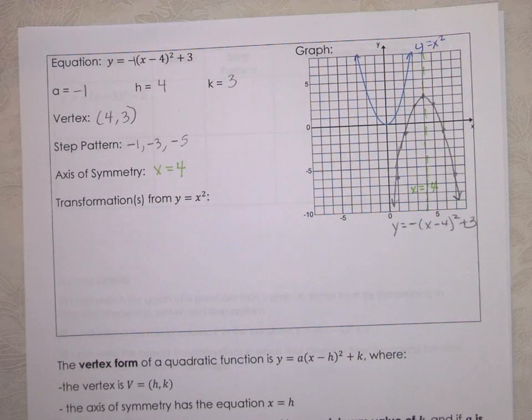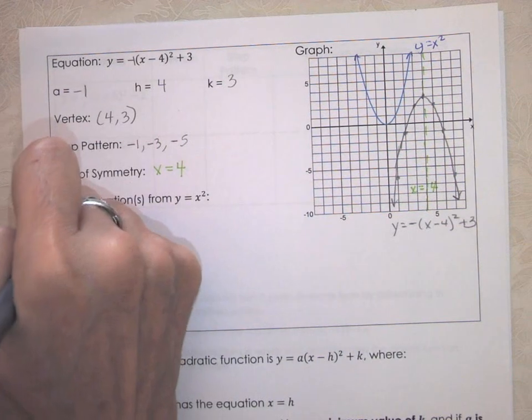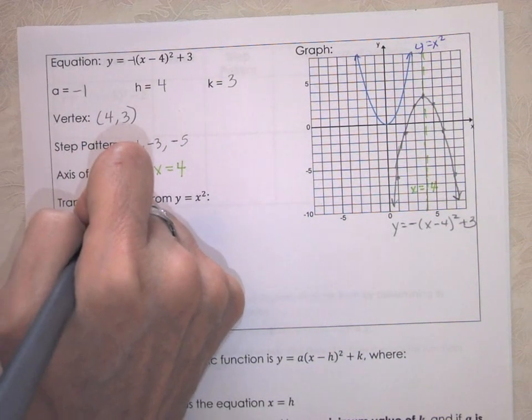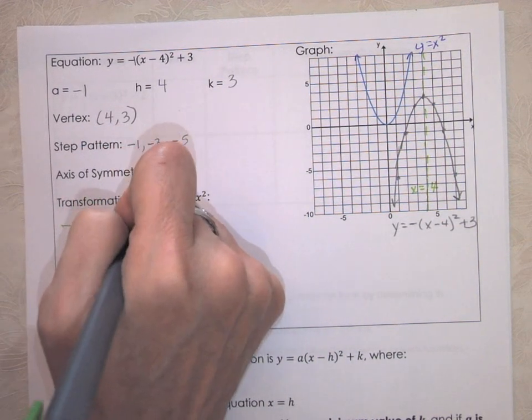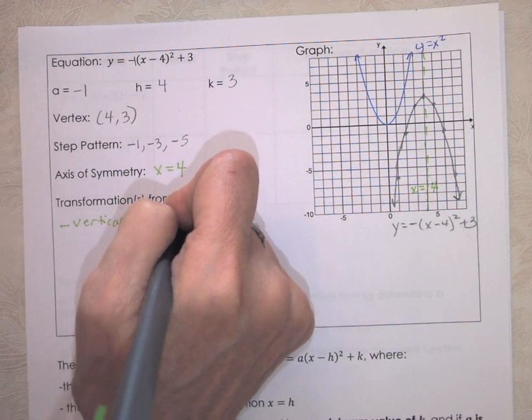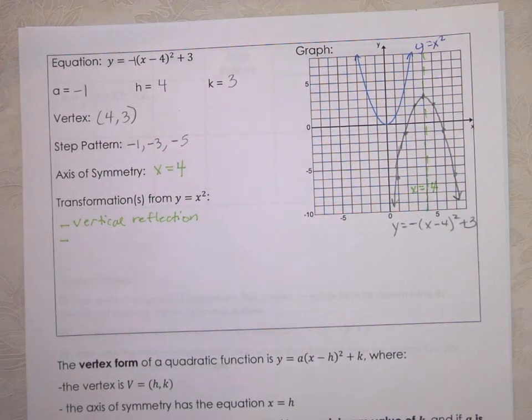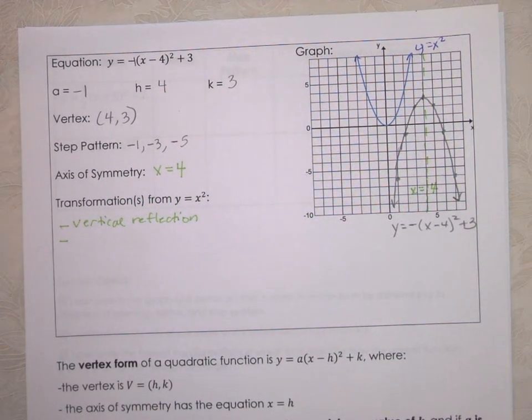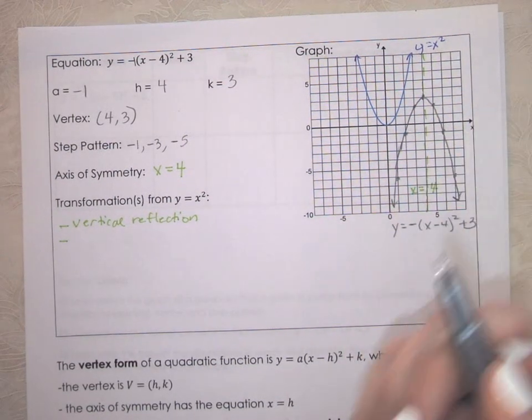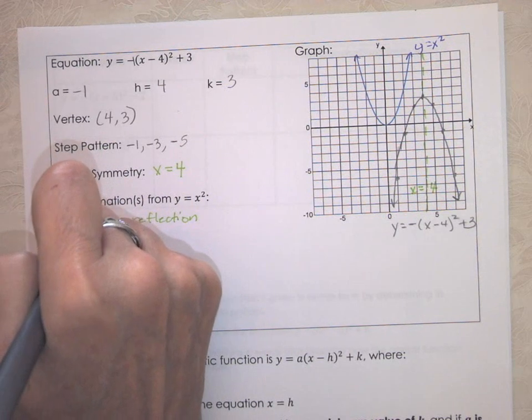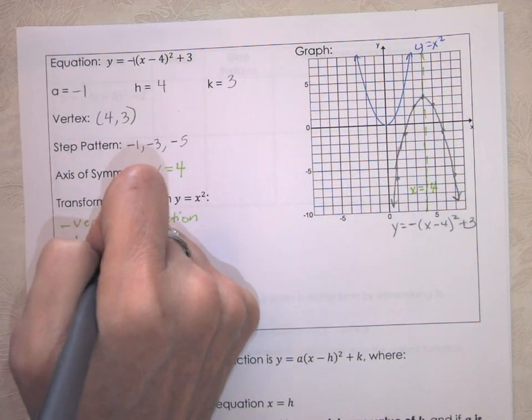And the transformations from the original: we can see it's upside down, so that's called a vertical reflection, because instead of facing upwards, it's facing downwards, and up and down are vertical words. We can see that the vertex has been shifted right 4, so we call that a horizontal shift, because left and right is horizontal.